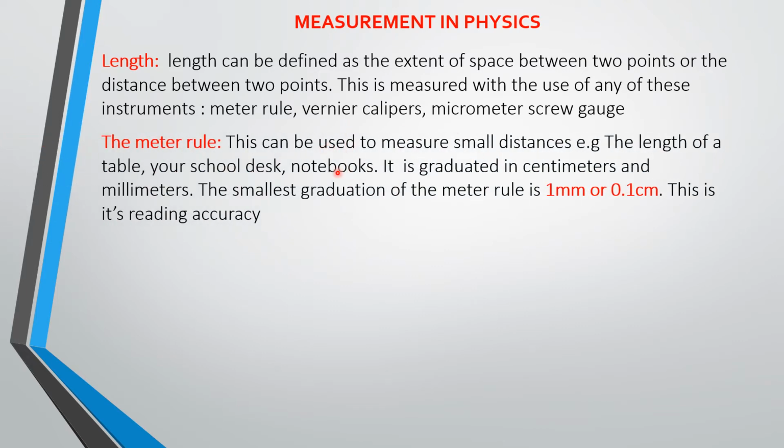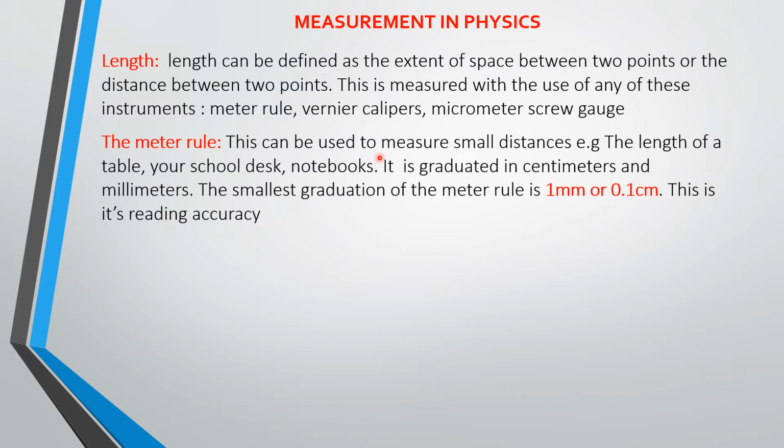The meter rule is your normal ruler. Although here I mentioned the meter rule, your normal ruler is called a rule. A meter rule is a rule that has 100 centimeters gradation. 1 meter is equal to 100 centimeters, but not every rule has that gradation, so it depends on the rule that you have.